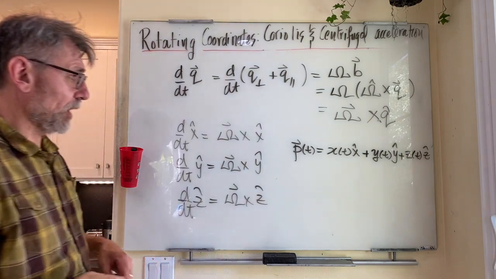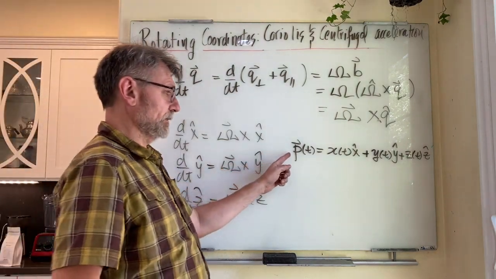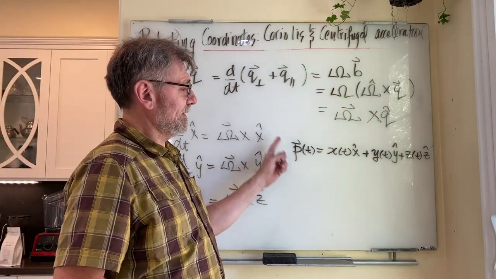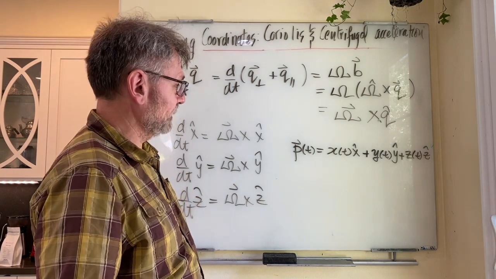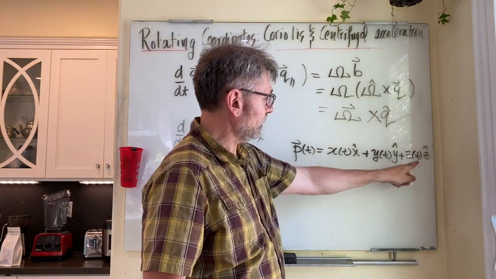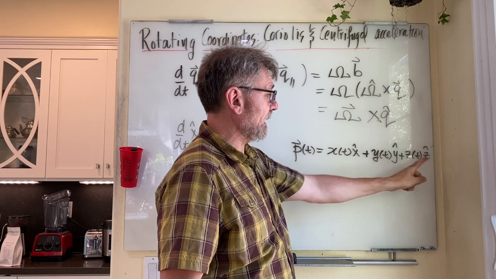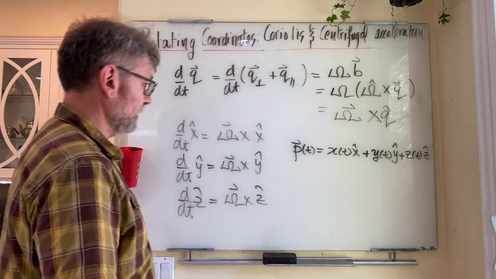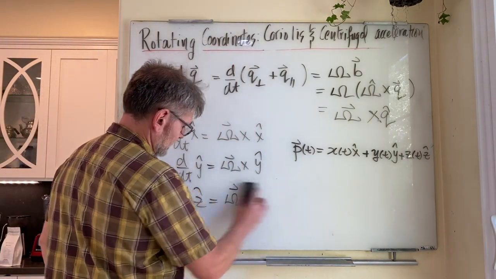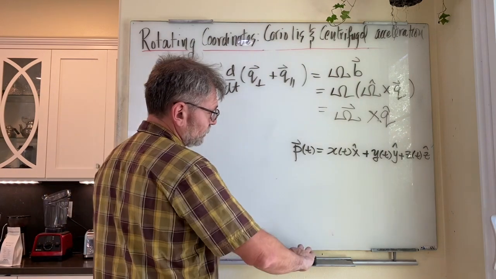So this is some arbitrary vector that is changing in the rotating frame, and this is how it changes with respect to the coordinate axes in the rotating frame. Okay, so now we're going to take the derivative of this and find the time rate of change.